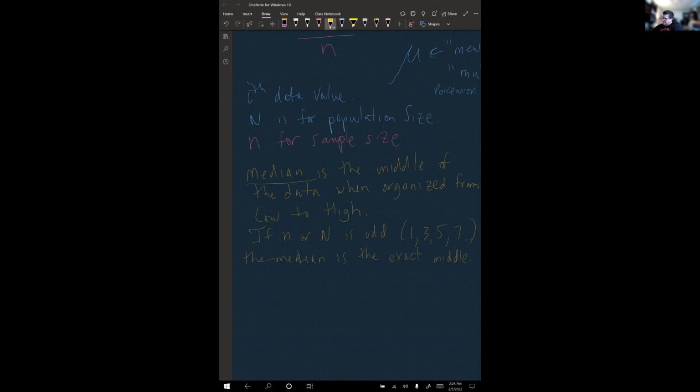And if n is even, or if the group size is even, we take an average of the middle two. We take the mean of the middle two values. And this is easier to see when we do it in a second.